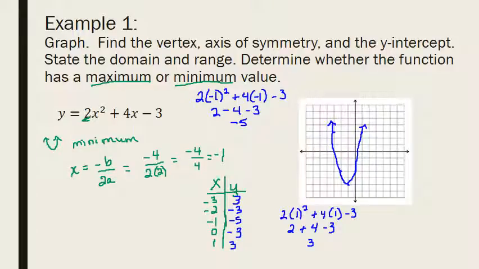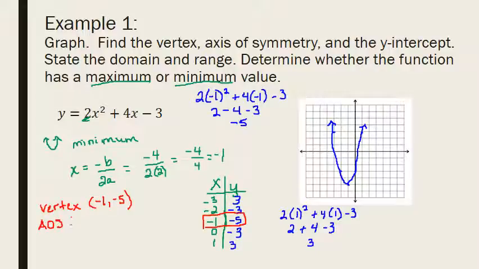Okay, so now, right here, let's get some key points. Right here in the middle of our XY table, that right there is our vertex. So the vertex is -1, -5. The next one that we need to figure out, the axis of symmetry.